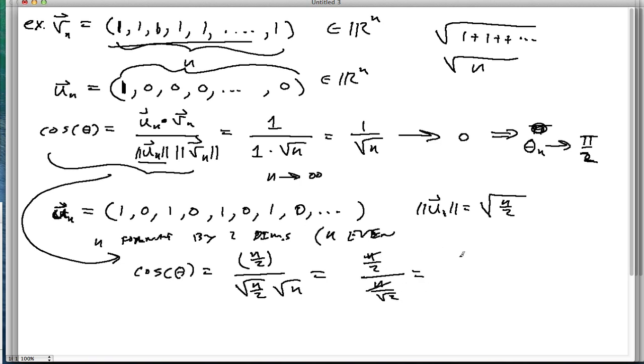So the n's will cancel, and we'll get root 2 over 2. So that would imply then that theta, for every n that's even, is going to be pi over 4. So with these two vectors, for any even n value, it will always be at a 45-degree angle, if we can imagine that in high-dimensional space. So those are some nice examples of what's going on with this dot product, this generalization of an angle for things that are in high dimensions.